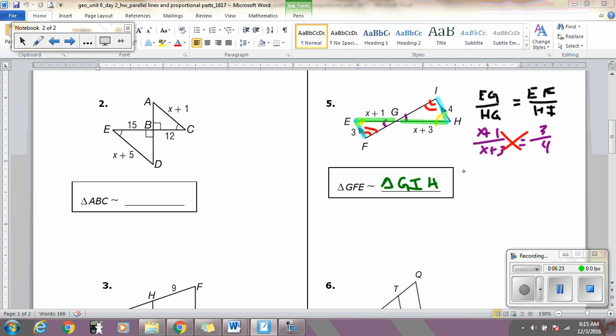So we have 4 times x, which is 4x, and 4 times 1, 4, equal to 3 times x, 3x, plus 3 times 3, which is 9. I would first subtract 3x from both sides, which would give me x plus 4 equals 9. Then I would subtract 4 from each side, so x is equal to 5.